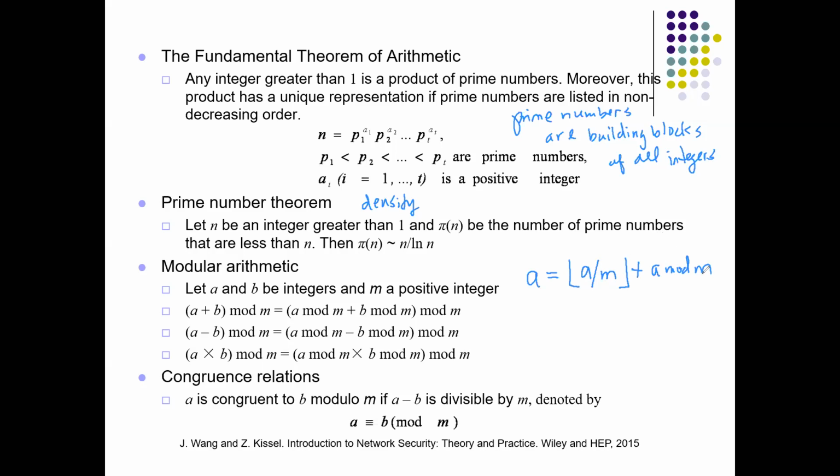This is a remainder. This is a quotient. For instance, you can think about if A is equal to 7 and M is equal to 3, then A divided by 3 is 7 divided by 3. Taking the floor, that is 2. And then you take the remainder.